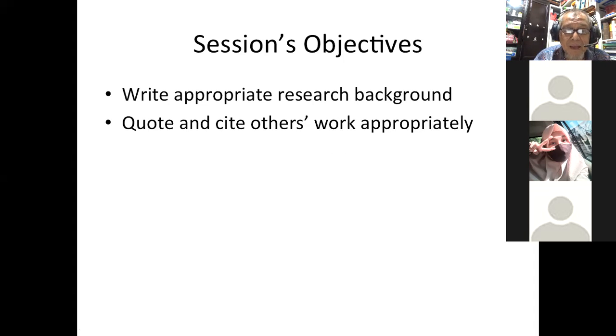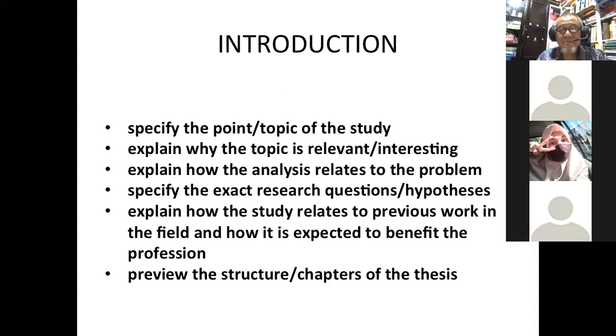So I mentioned just now that by the end of the session, you are expected to be able to write research background appropriately and to quote and cite others' work appropriately. This is to avoid plagiarism. Now we'll start from background. What should be the content of the introduction, including the background?